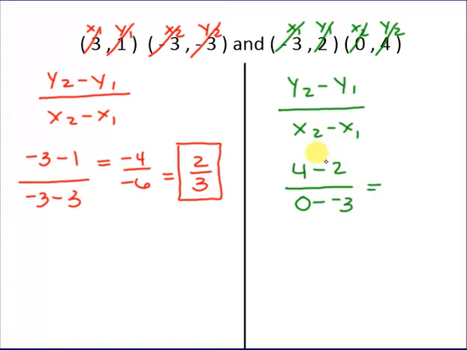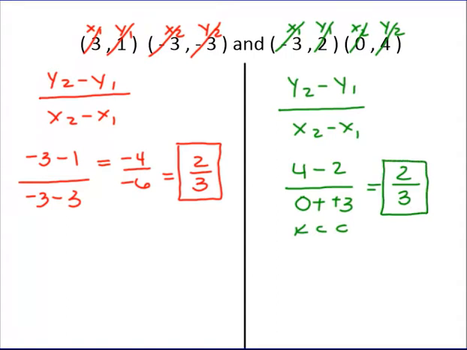Okay, so 4 minus 2 is 2 over, now I have minus and negative here, so keep, change, change. Keep 0, change minus to plus, change -3 to +3. So 0 plus 3 is 3.